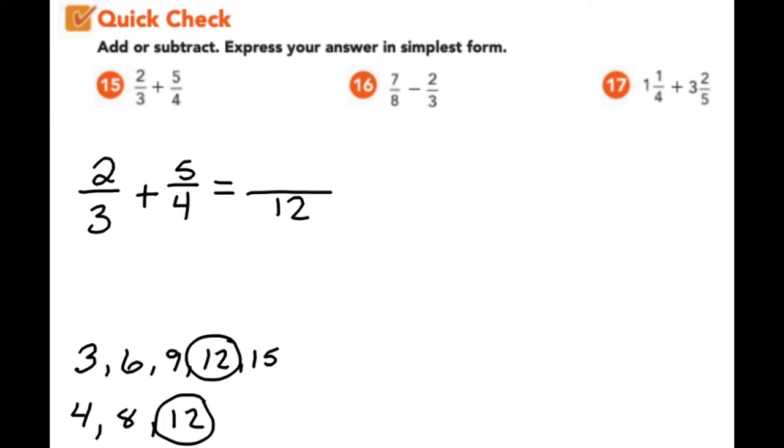Now what we look for, we want to see how many times does this 3 go into 12. And we know 3 goes into 12 4 times. So because 3 went into 12 4 times, we're going to multiply the top by 4 as well. 2 times 4 is 8.